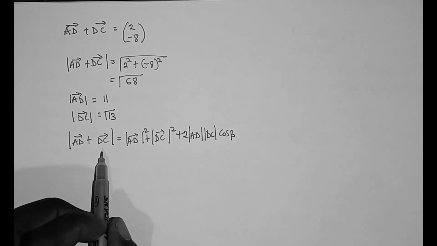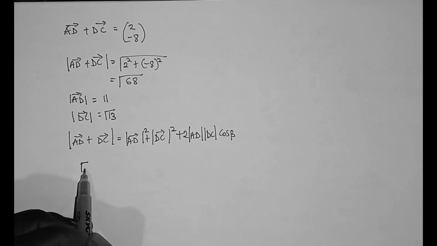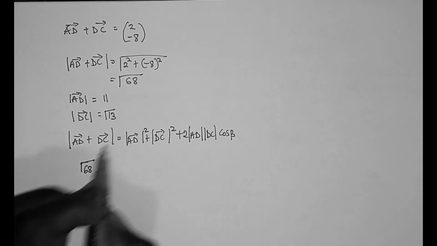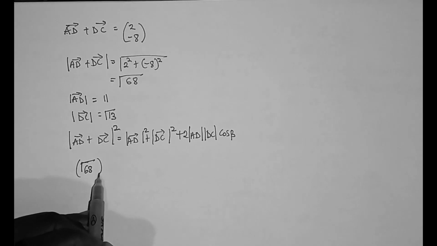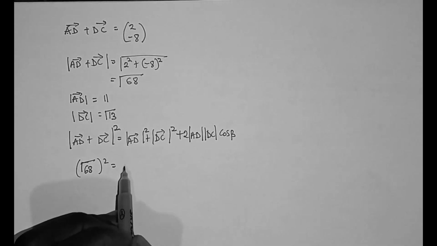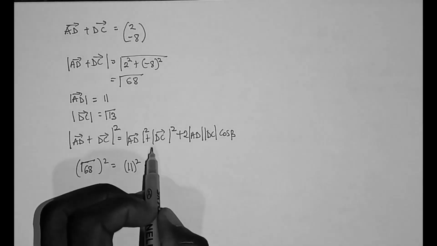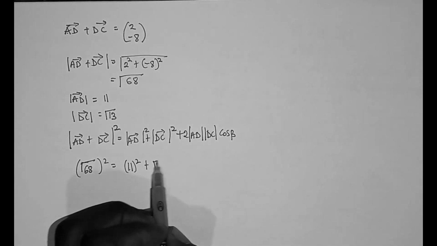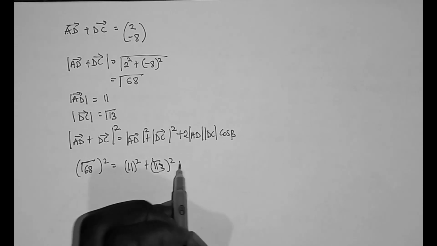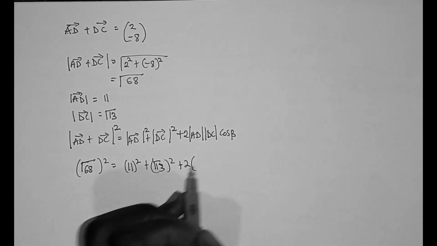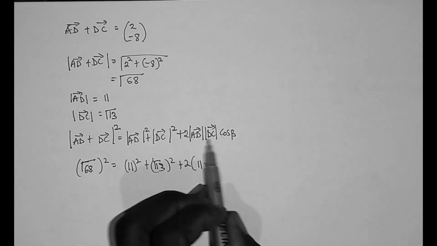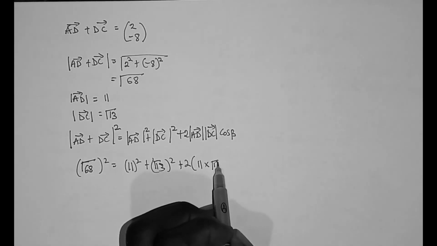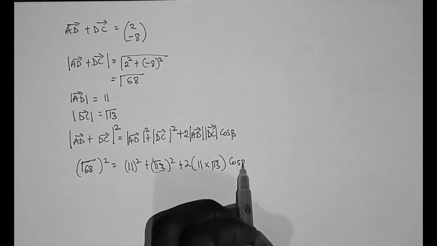Magnitude of vector AD plus DC is square root of 68, squared, is equal to magnitude of vector AD is 11, so 11 squared, plus magnitude of vector DC is square root of 13, squared, plus 2 times 11 times square root of 13, then cos the angle between them, which is cos beta.